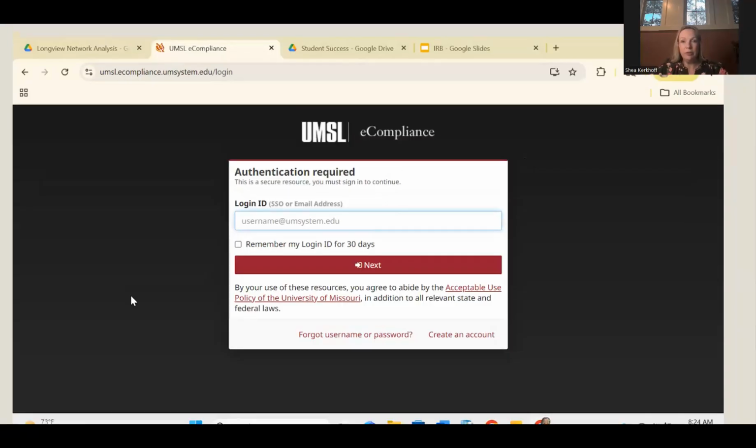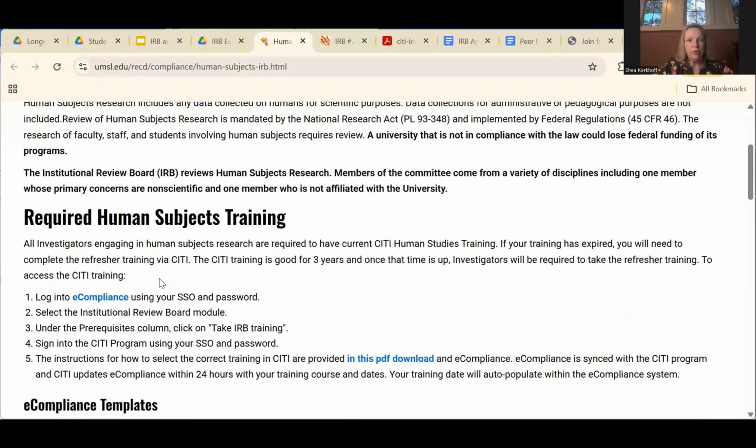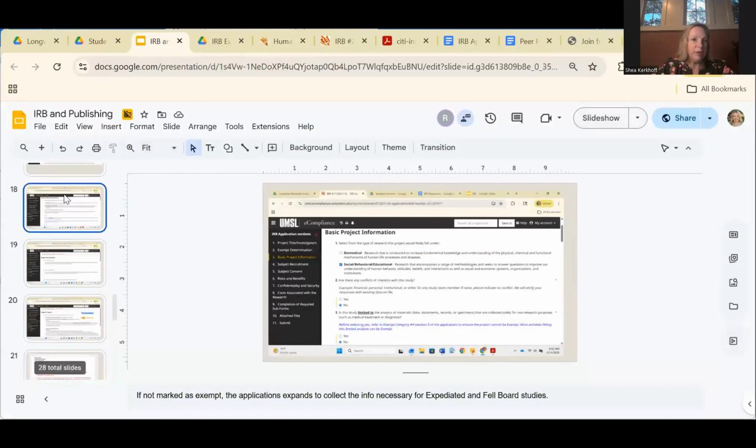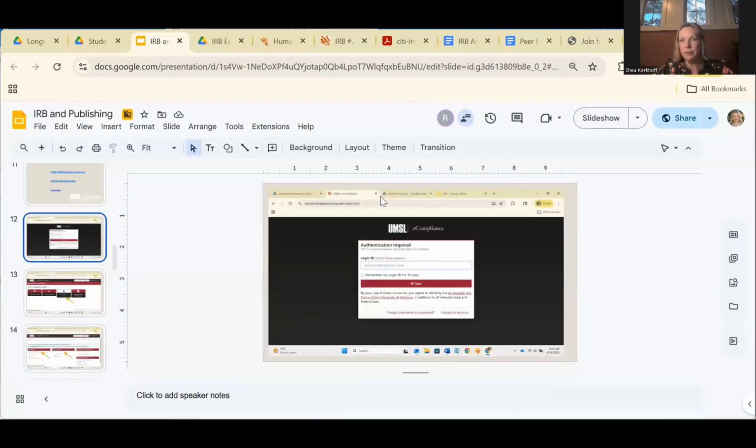At the University of Missouri St. Louis, we use a system called eCompliance, and you can find this on the UMSL Human Subjects Research IRB webpage. So this is the web page, and on this page, if you scroll down, you'll see the eCompliance system. It's right here. When you get to the eCompliance system, you sign in with your SSO.